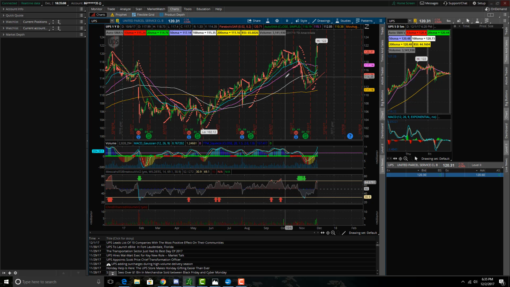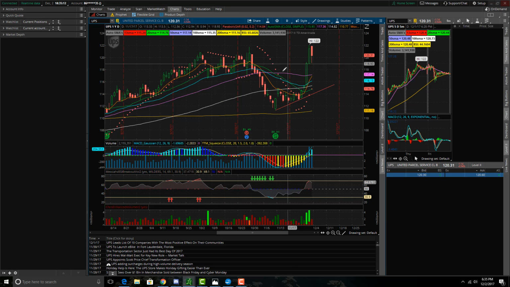You'll notice that not every color is plotted onto the chart, it's onto the banner. I use an orange line, which is going to be my 10 EMA. You can use anything from an 8 to a 13, which should give you basically the same thing. My blue line down here is going to be a 34 EMA.